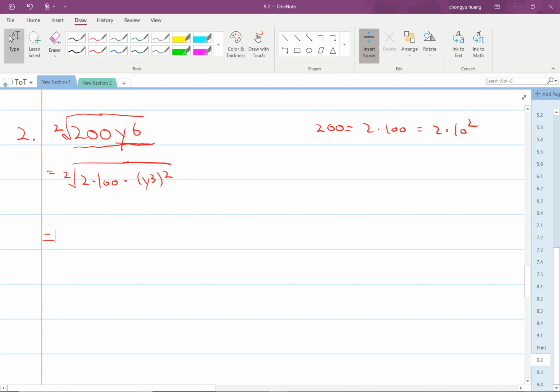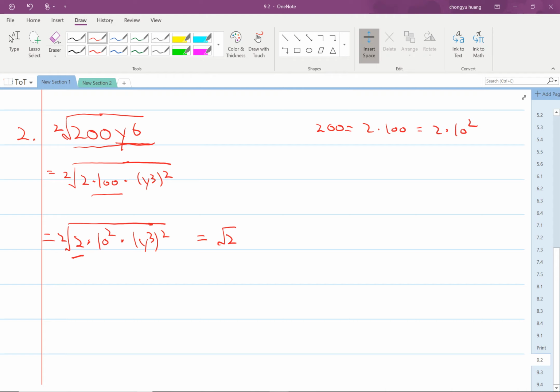Now after that you have to simplify a little bit. Over here we have 2, and you know that 100 is actually 10 to the power 2, and then you write it down the following, because we don't have to change it. After that, we have a single 2 over here, so we can just pull out the single square root of 2.